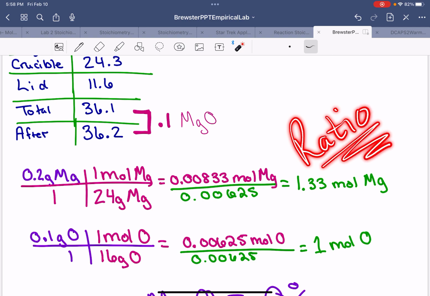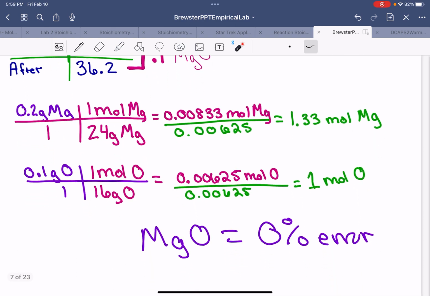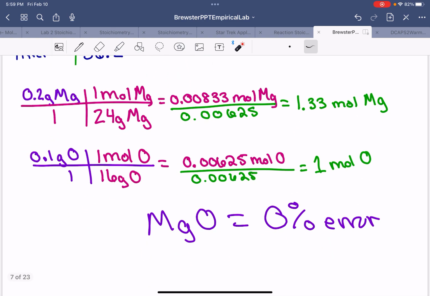That's the whole point of that. It tells me that I have 1.33 moles of magnesium to 1 mole of oxygen. Since I can't have part of a magnesium molecule, I'm going to round this based on my rounding rules. And for this team, this becomes 1 magnesium to 1 oxygen, or they have 0% error.